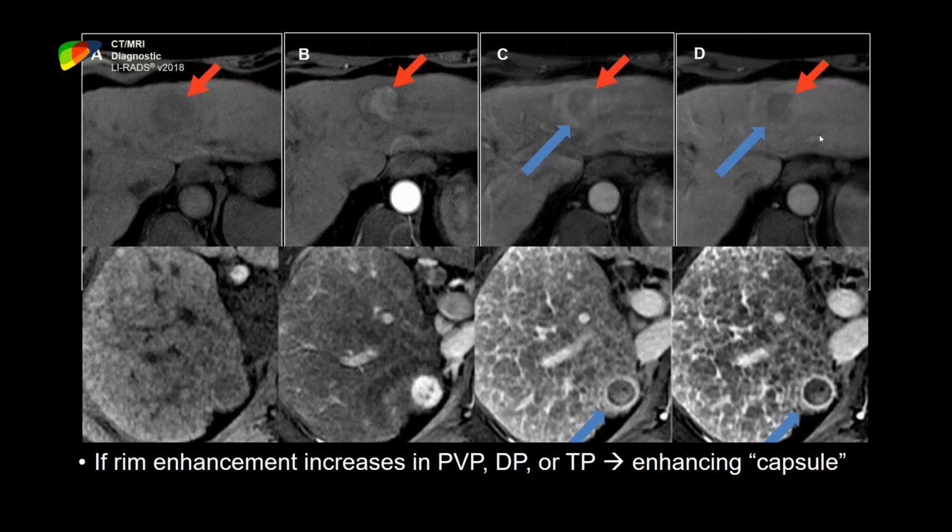We downloaded the images into the same software and created rough curves to show enhancement and washout, but sometimes it's just not possible. Especially you will run into this issue when there's a lot of background cirrhosis. You may not be able to call something a washout, because that's a pitfall in the definition. We have to have signal in the background liver. So sometimes it's difficult, and sometimes you won't be able to.